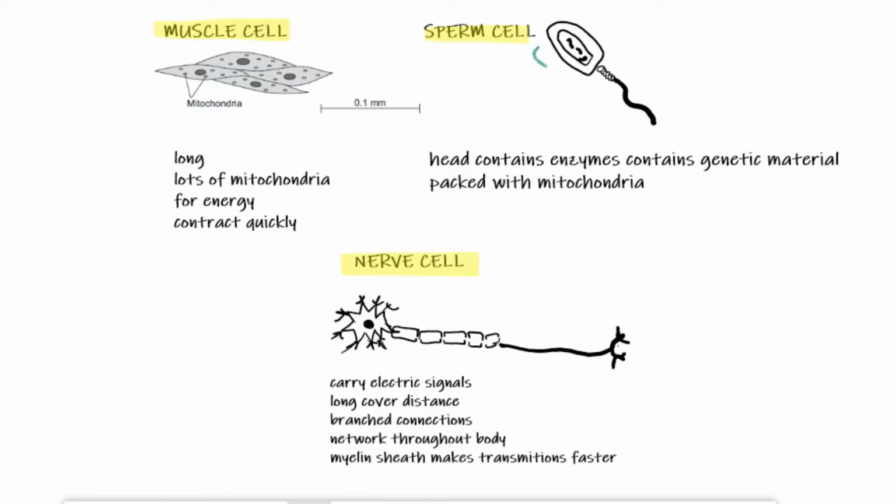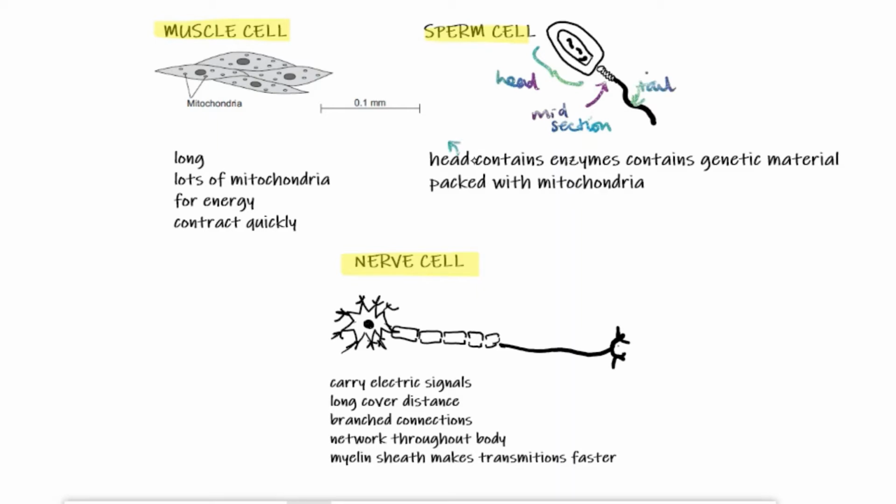The sperm cell has 3 sections to it. It has the head, the midsection, and the tail.